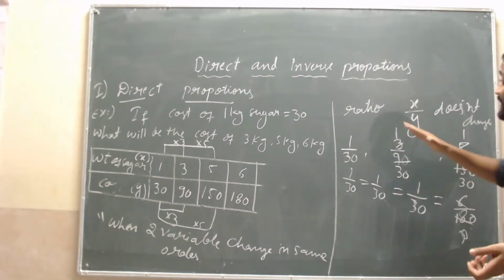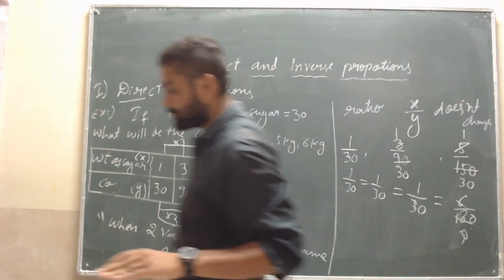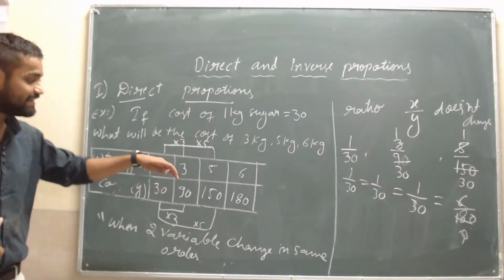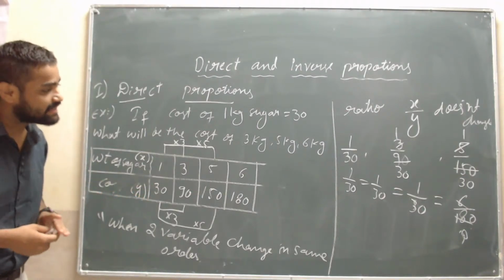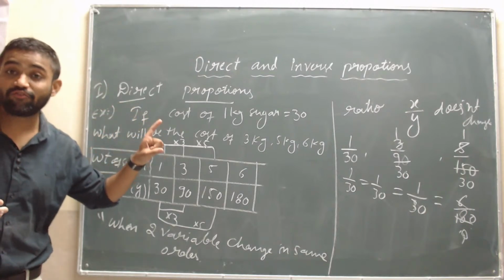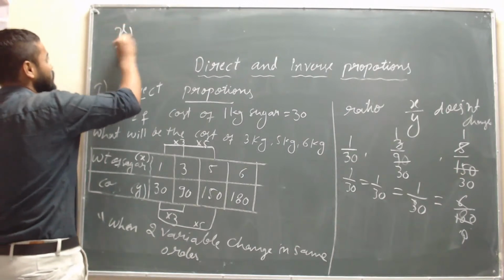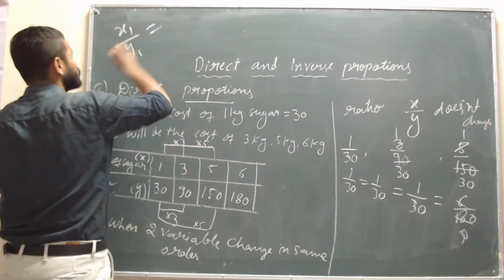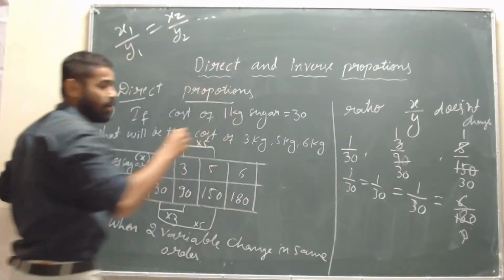Now we can say that the ratio x by y will not change for other values. Isn't it? Like that. And by this we can give a formula for direct proportion: x1 by y1 is equal to x2 by y2, and like that.